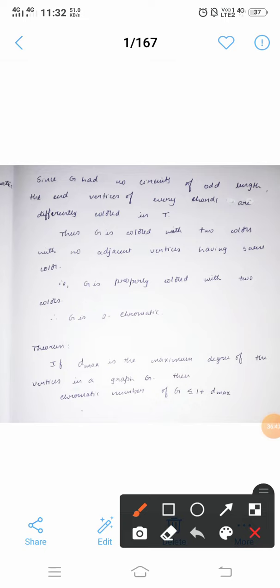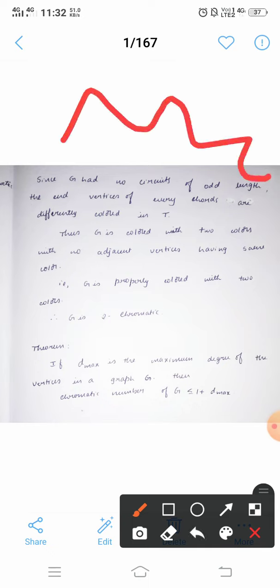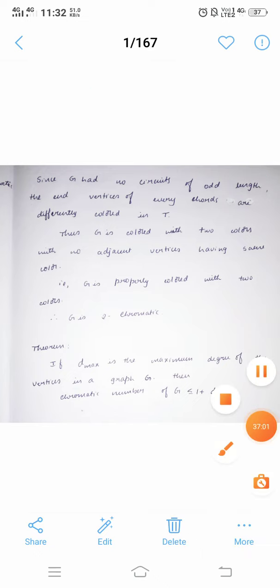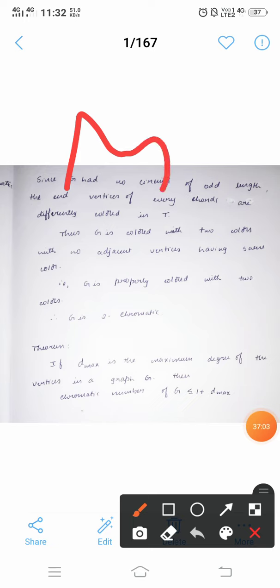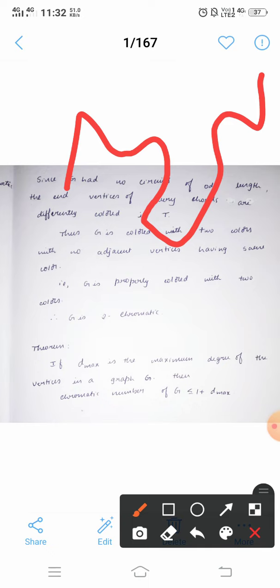Why? If I take this spanning tree, there should not be any circuit of odd length. There should not be any circuit of odd length. This is a circuit of even length.